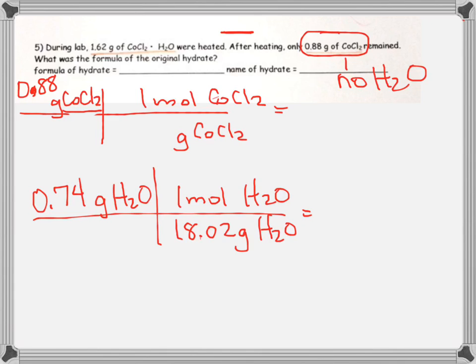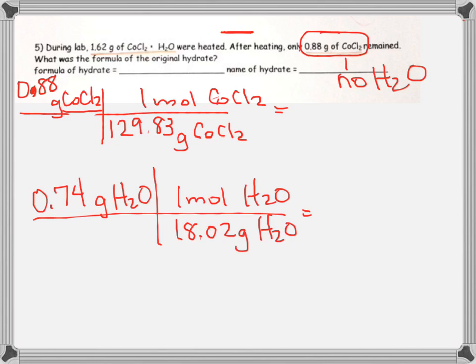Then we have to calculate the molar mass of cobalt 2 chloride, which when you do that, I believe this is what you get. Cobalt was 58.93 plus 2 times the mass of chlorine, which is 35.45. Should give you that.